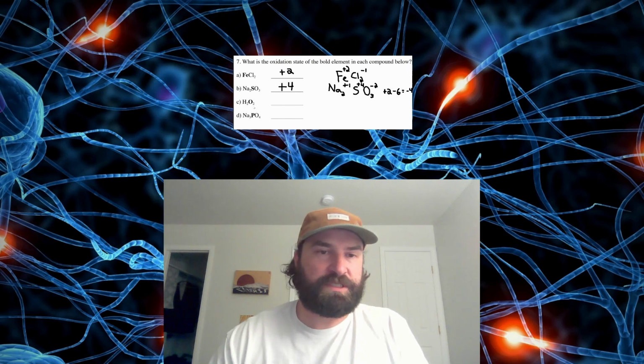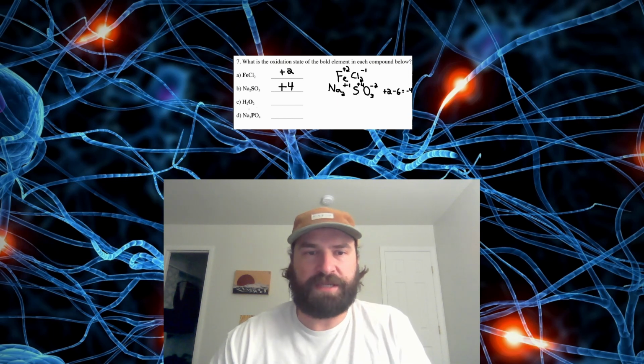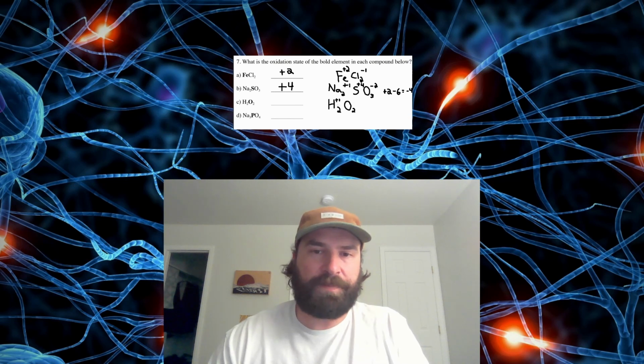All right, so in C, we have a situation that's a little bit different. So typically oxygen has a -2 charge, unless there are some exceptions where that doesn't happen. I believe this is going to be one of those exceptions, because hydrogen is always going to have a +1 charge, and there are two of them. So if there are two oxygens, and we want to balance that out, the charges on the hydrogens are going to be +2. So oxygen is going to have to have the opposite charge of hydrogen.